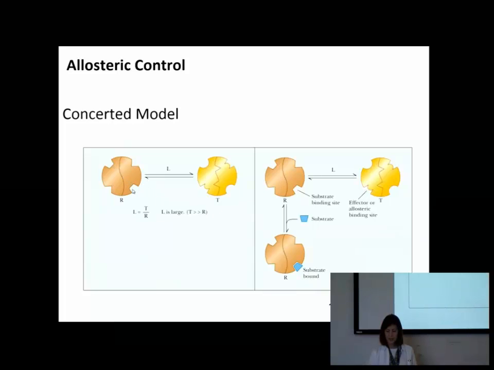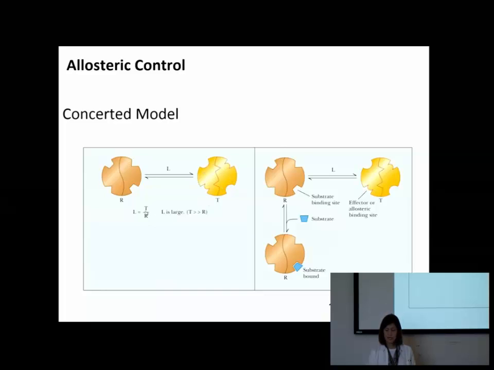You can see in the taut state, the conformation is not so easy to bind. At the beginning, without substrate around, the equilibrium lies towards the taut state. So this L, this equilibrium constant, is very large. We're much more taut than relaxed.